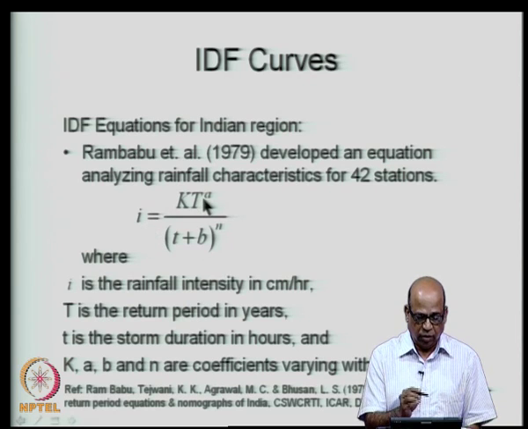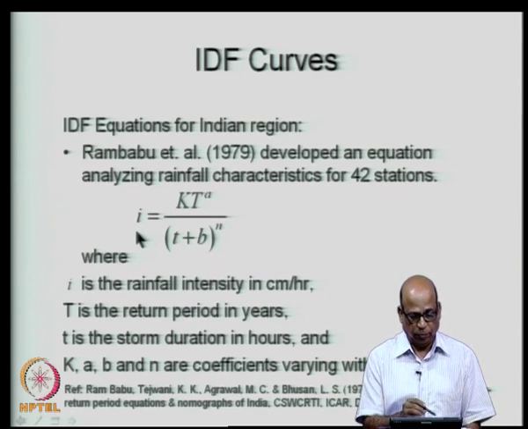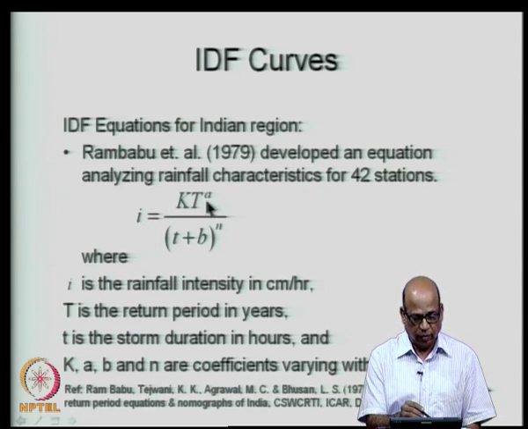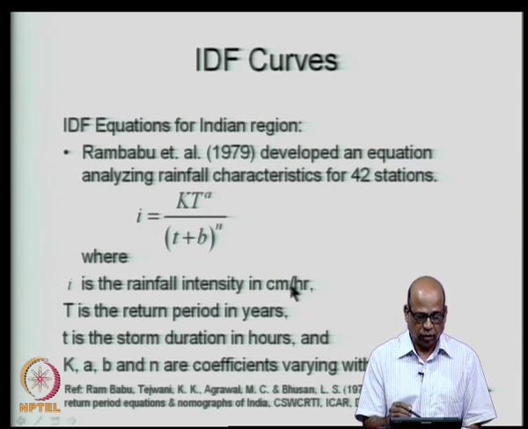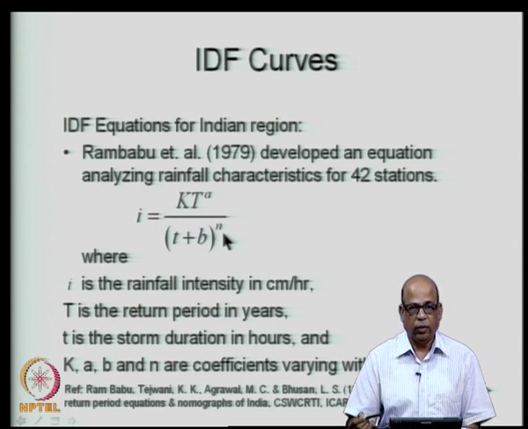So, this is the empirical relationship that they propose, where intensity is given, this is the return period, and this is the duration. I am sorry, not time of concentration, this is return period, intensity, return period and the duration. You have constants k, a and n here.